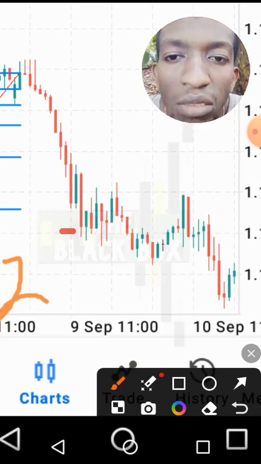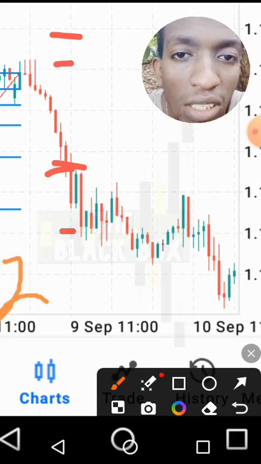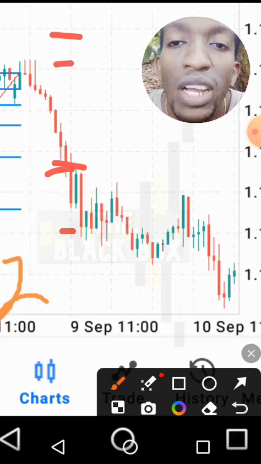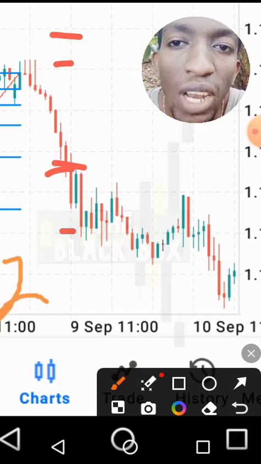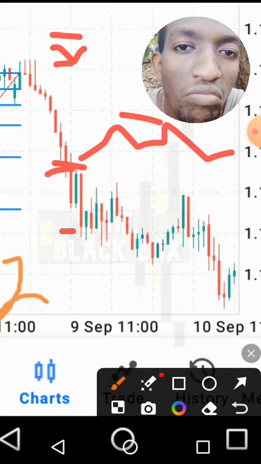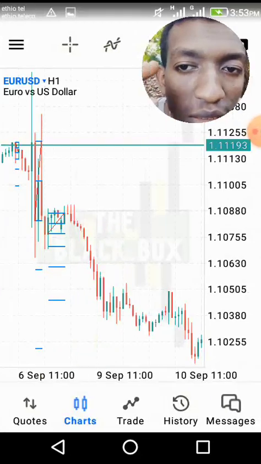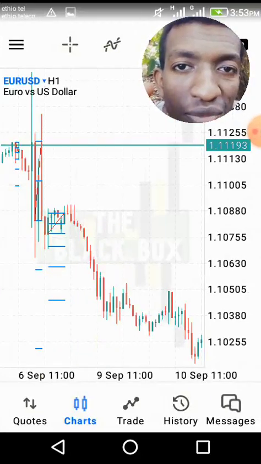Mind you, I came to the Tukanda's black box from the flag pattern. Mind you, I came to the flag pattern when I was researching accumulation distribution. I saw that there was something going on in the price.